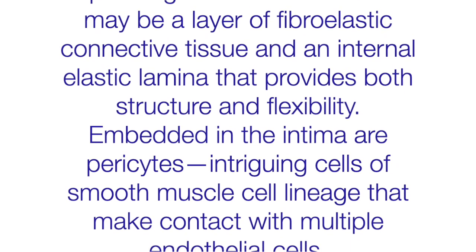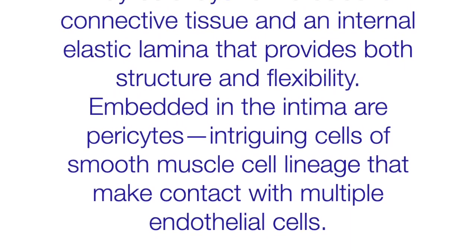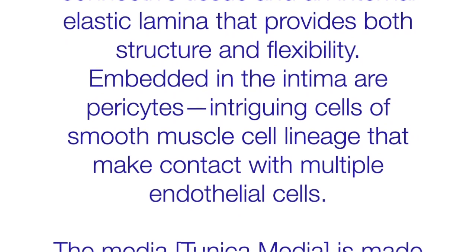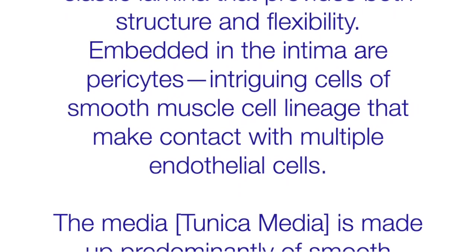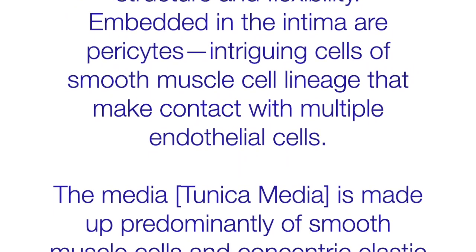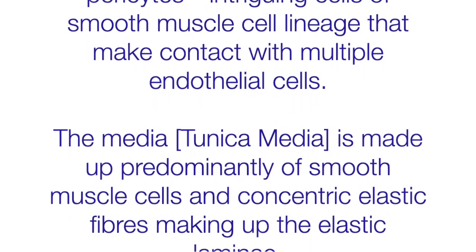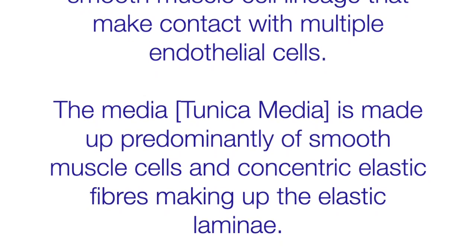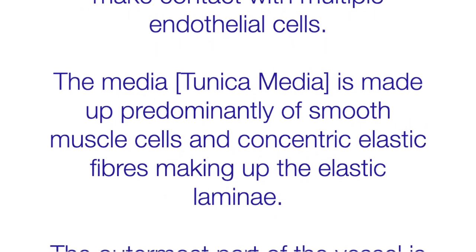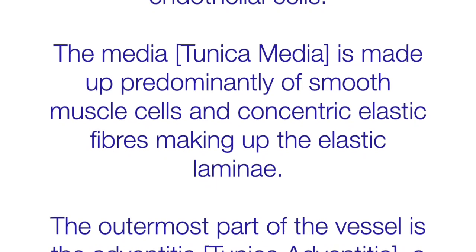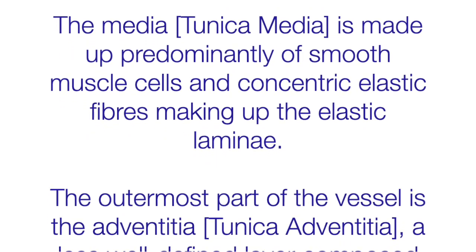Embedded in the intima are pericytes, intriguing cells of smooth muscle cell lineage that make contact with multiple endothelial cells. The media, tunica media, is made up of predominantly smooth muscle cells and concentric elastic fibers making up the elastic laminae.